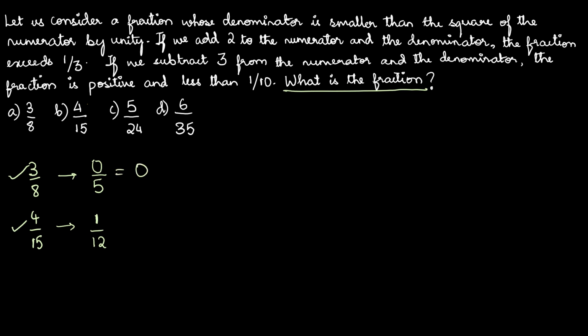The number is 0, and here it's 1 by 12. Now we obtain a positive fraction, which means the fraction should be greater than 0. 0 is not positive, so we need to remember that. So this doesn't fit the condition, and we have our answer here, which is 4 by 15.